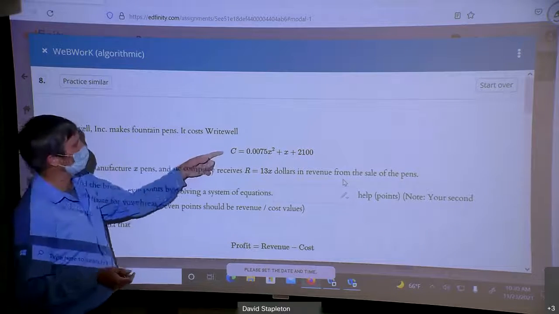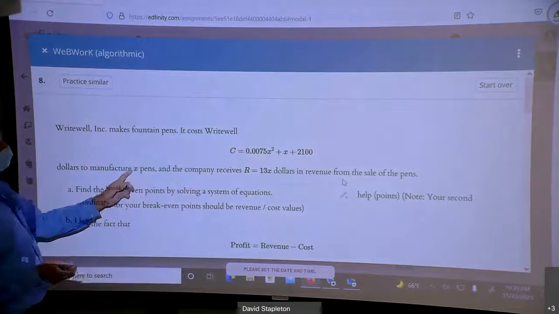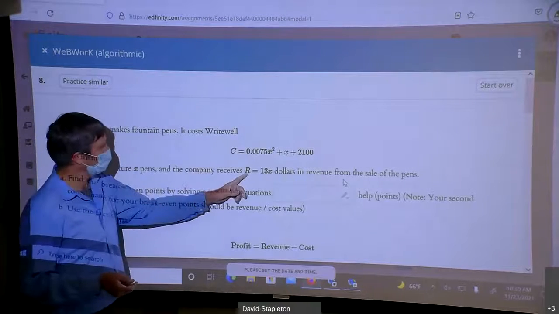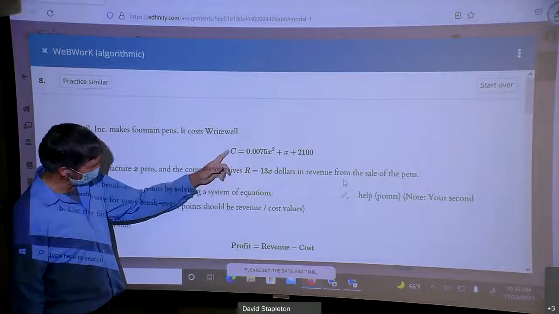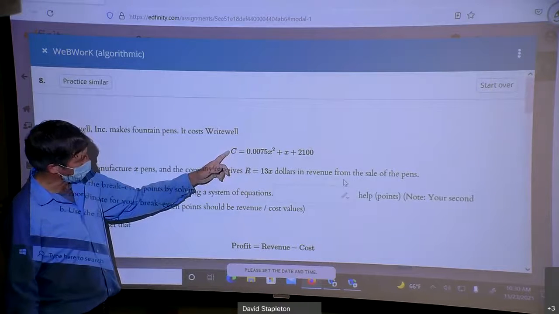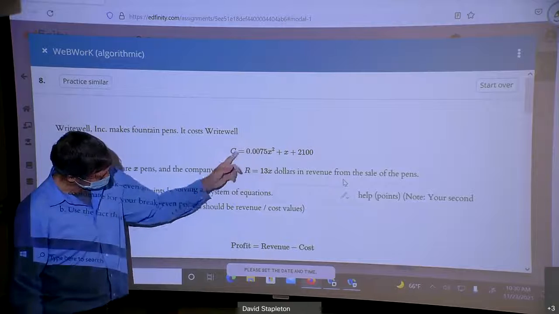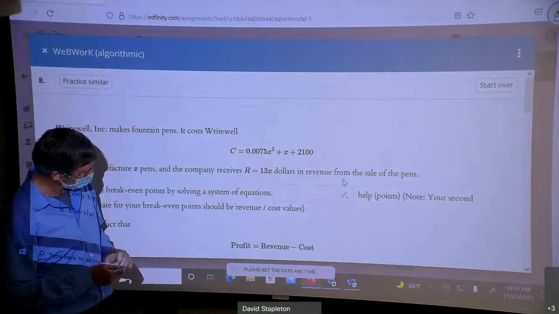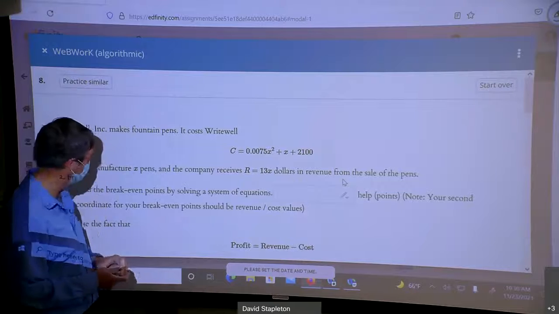And if this is the cost when you make X units of the product, X pens in this case. And now suppose your revenue is the money in and cost is the money out. And so what do you think is your profit then? If this is how much money you get in, the revenue, and this is how much money goes out, the cost, you take revenue minus cost, the dollars in minus the dollars out, to get the profit.